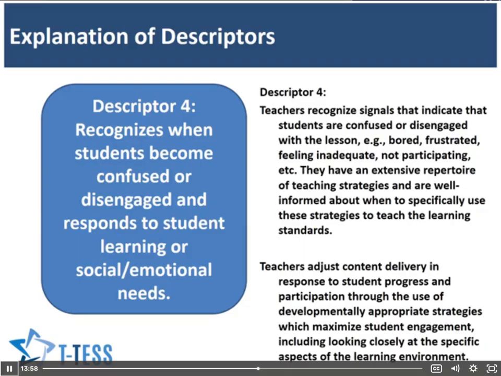Teachers also adjust content delivery in response to student progress and participation through the use of developmentally appropriate strategies which maximize student engagement, including looking closely at the specific aspects of the learning environment.